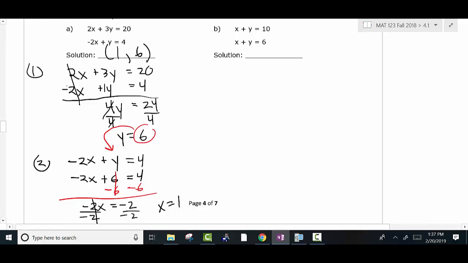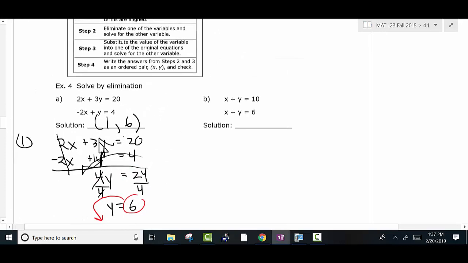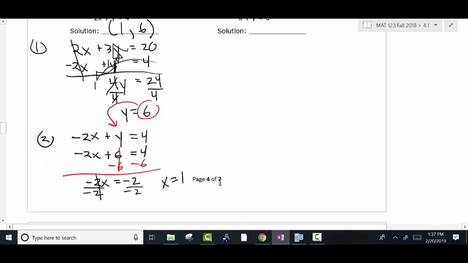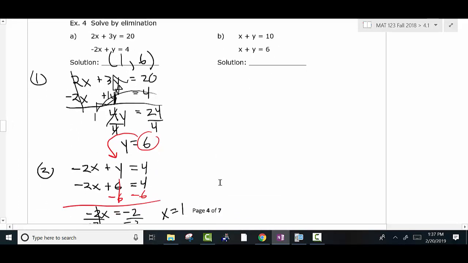When I add the equations together, I have one equation with one unknown in it. How would I check that I'm right on this problem? Plug it into both equations and see if it works. I'm not going to do that on these problems, but it's always there for you to do.